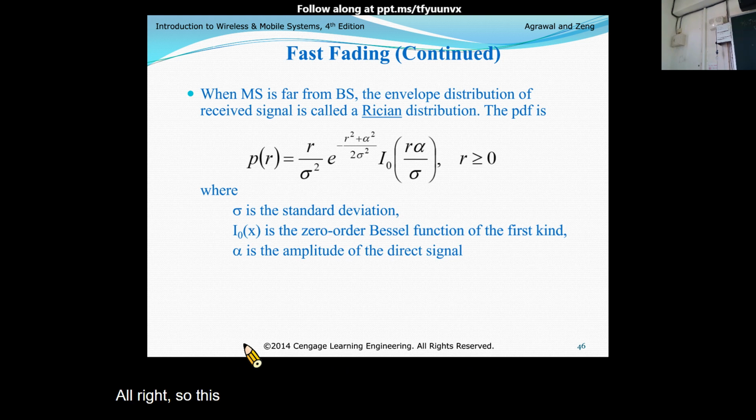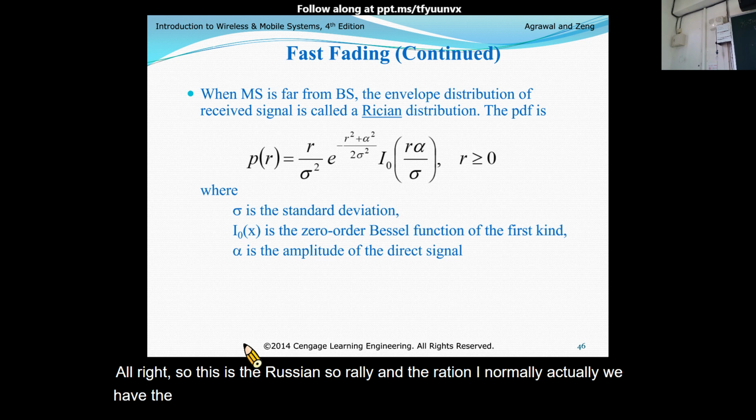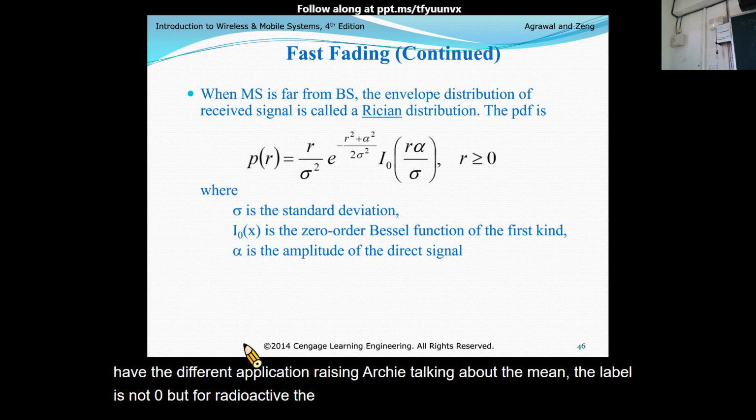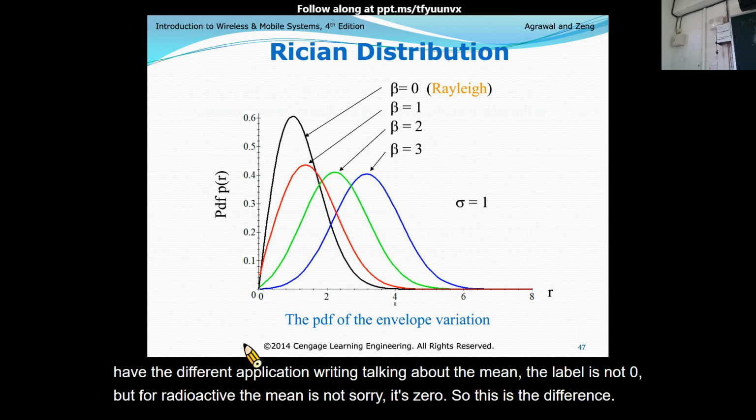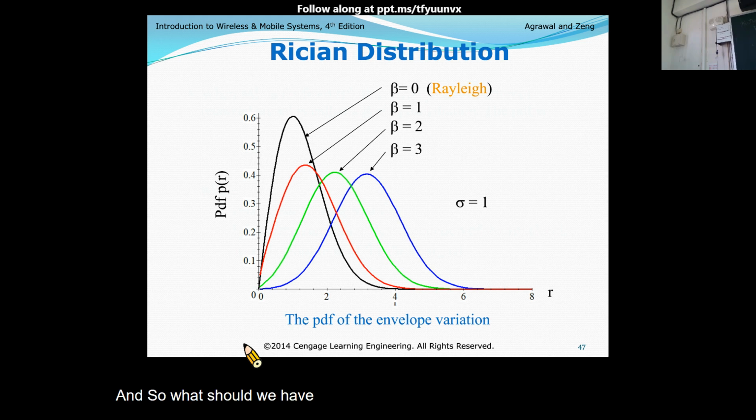So Rayleigh and Rician normally have different applications. Rician talks about the mean, which is non-zero. But for Rayleigh the mean is 0. So this is the difference. And for Rayleigh we have a sharp envelope for the distribution.